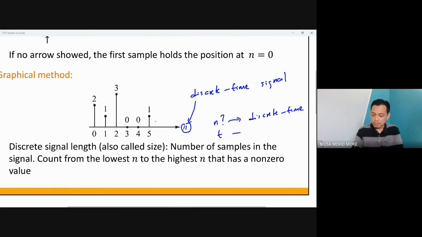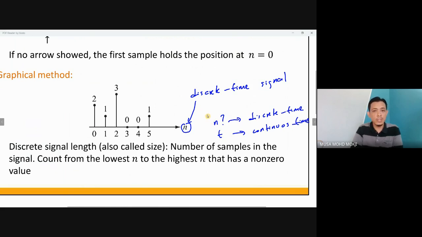t is what we call continuous time. Okay, originally most signals are continuous. So this is where we are recording, we know what the time is, which second is being recorded.